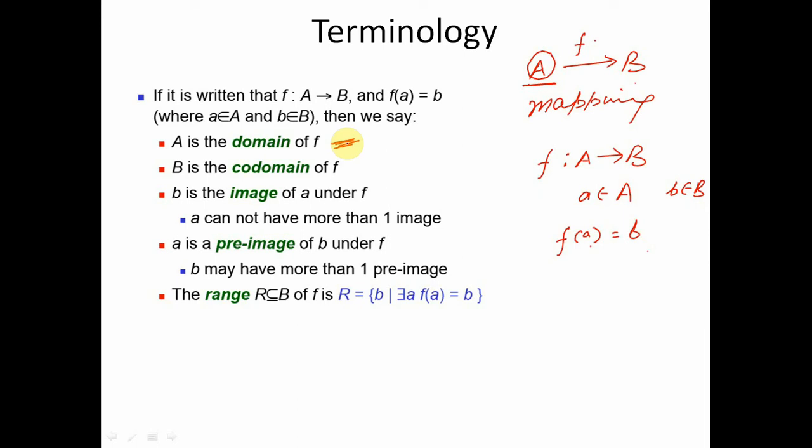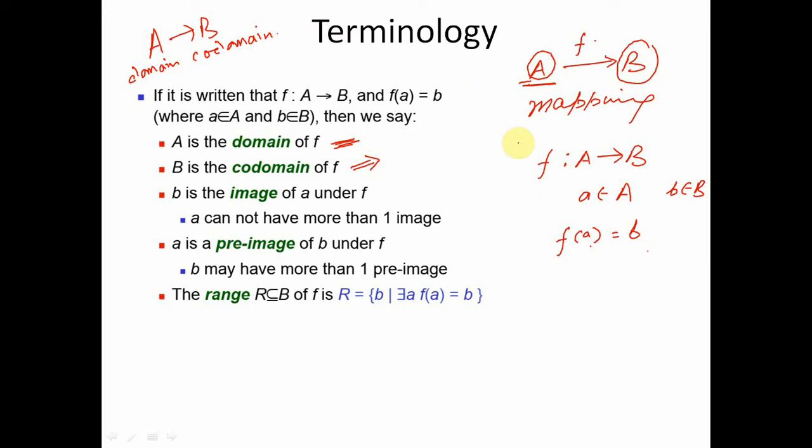So the first set, set A, is called the domain. The set B is not called the range, it is called the codomain of the function. So if I have a function defined from A to B, this is called the domain and this is called the codomain. So these are the two things.